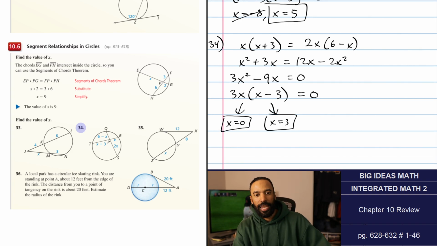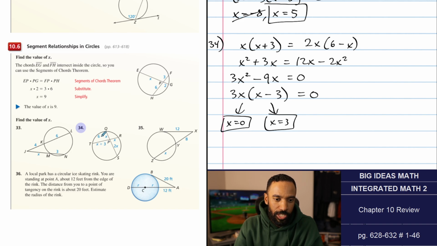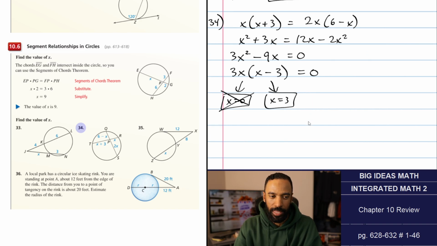But can x equal 0? It could actually, in this sense, 0 plus 3 is 3, 6 minus 0 is 6. Those are good, but this would be 0, and this would be 0, and you can't have 0 length. So 0 does not work in this case. You have to check on the 3 still. Positive, positive, positive, and 6 minus 3 is still positive. So that one does work out. That'll be the 1 answer to this.